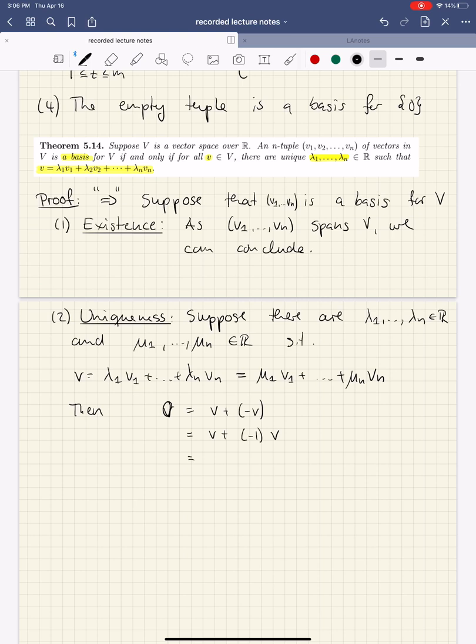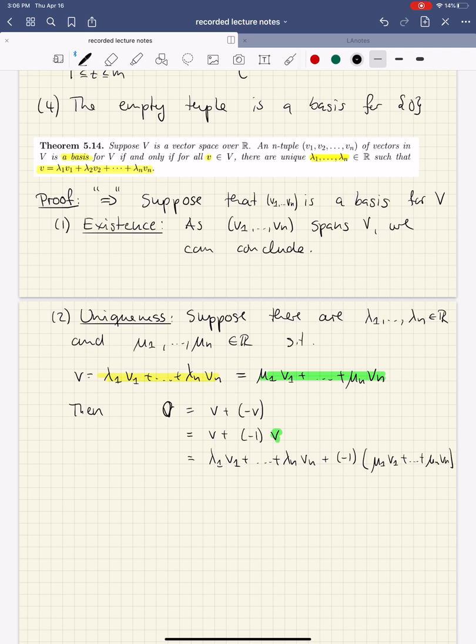And now we're going to use these two different ways of writing it. The first v, we're going to replace by lambda 1 v1 plus all the way up to lambda n vn. And the second one, we're going to replace by mu 1 v1 plus all the way up to mu n vn.